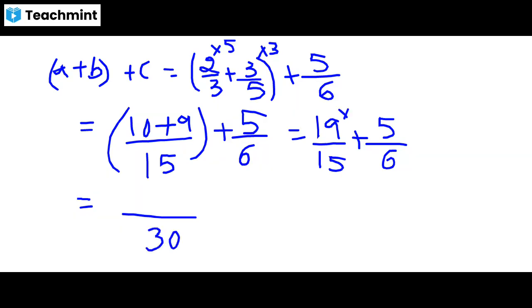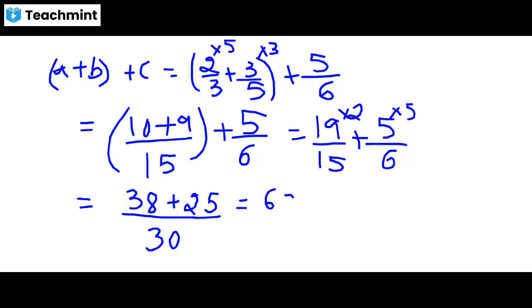Very good. So this you are multiplying with 2 and here you are multiplying with 5. So 19 2s are 38 plus 5 5s are 25. If you add both, what you get? 38 plus 25. 63.